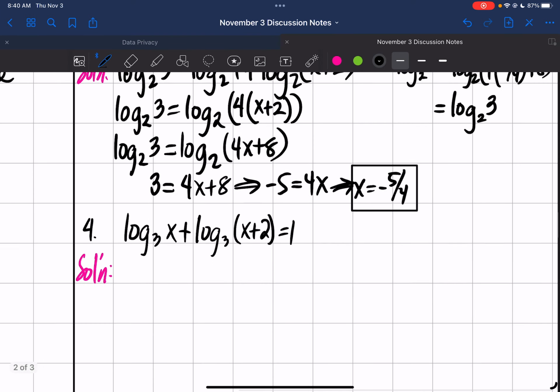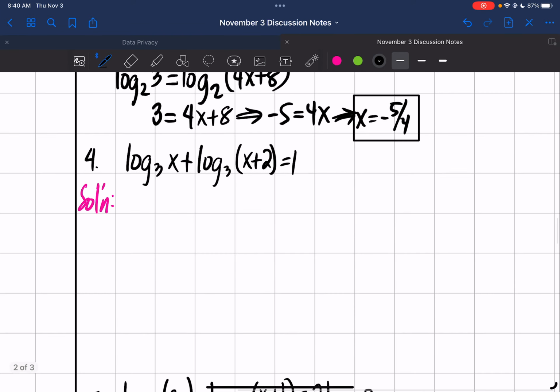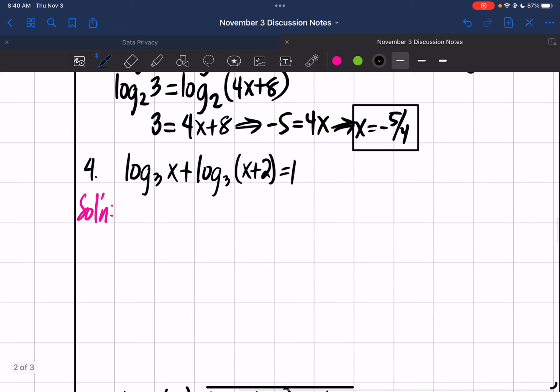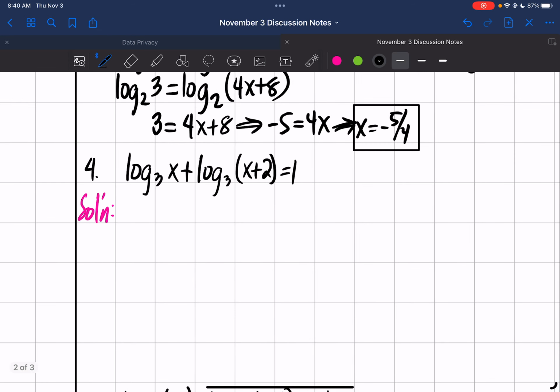Let's proceed to number 4. So, for number 4, what we have here is log of x base 3 plus log of x plus 2 base 3 equals 1. So, what we'll do is combine this into a single logarithm using the product rule.